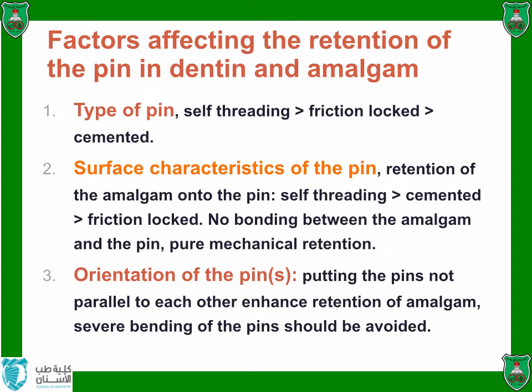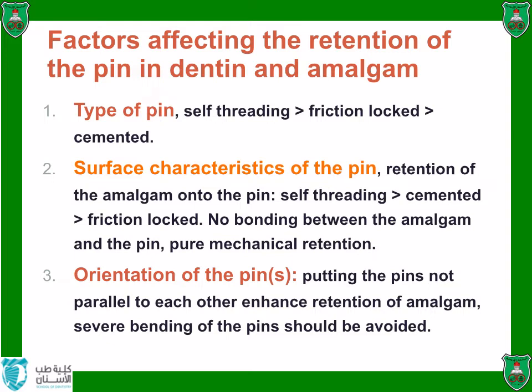Friction locks sometimes come with a very flat surface, so there is not that much surface characteristic on the pin. There is no bonding between the amalgam and the pin, and there is pure mechanical retention. That's why, to increase the retention, we sometimes change the orientation of the pins. If you place every two opposing pins in different orientations, you might increase the retention of the restoration.